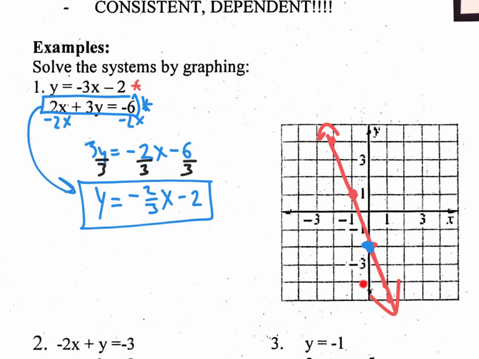So I'm going to go down 2 over 1, 2, 3, and I'm going to put a blue dot right here. Now, of course, if you want to make this line longer the other way, just go with the pattern the other way. 1, 2, 3, and up 2. If you went down 2 over 3, go over 3, up 2. And of course, if you connect the dots, you will see that it's a perfectly straight line.